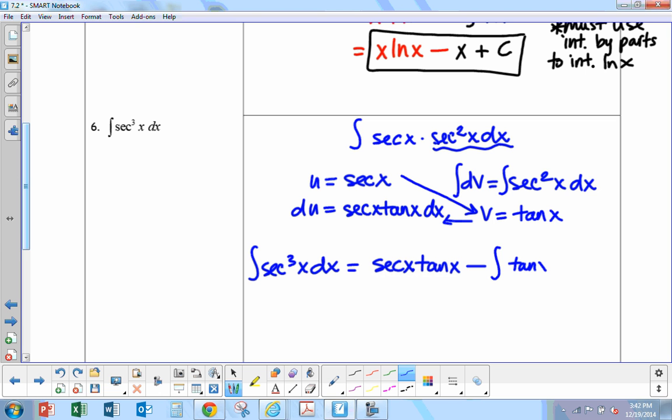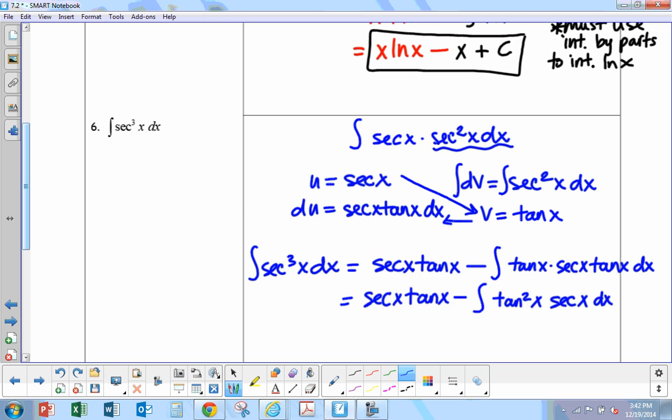So tangent of x times secant x tangent x dx. So I really have secant x tangent x minus the integral of tangent squared x secant x.